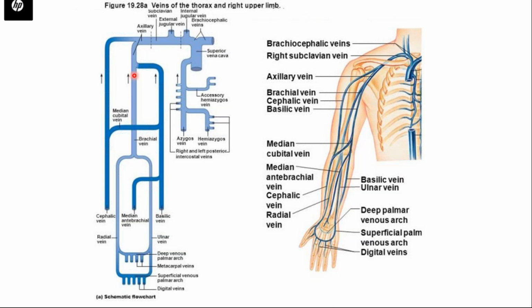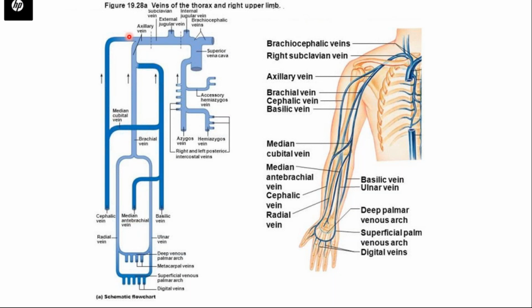Some of you might find this one easy. The superficial venous arch, deep venous arch, radial vein and ulnar vein join together to form the brachial vein. Here the cephalic vein and the basilic vein are joined by the median cubital vein, or the median antebrachial vein of the forearm.